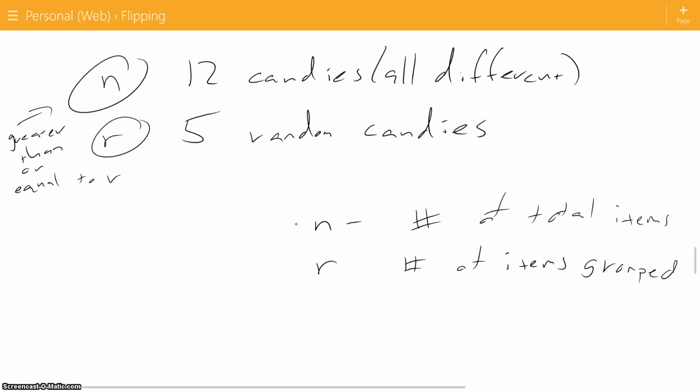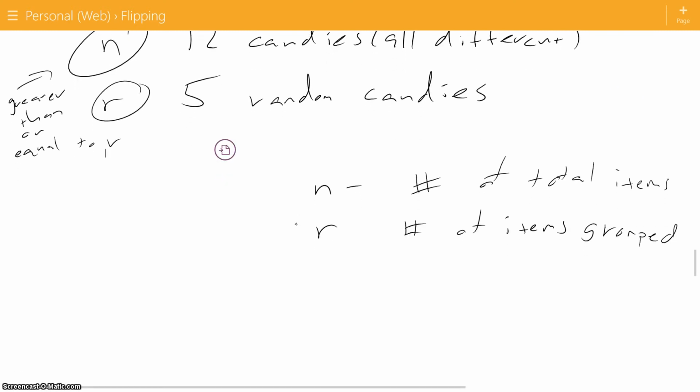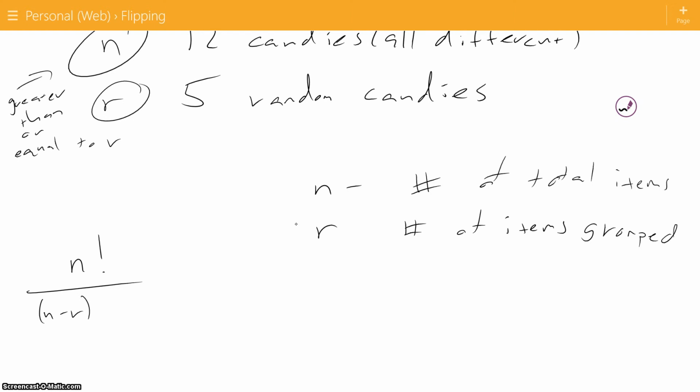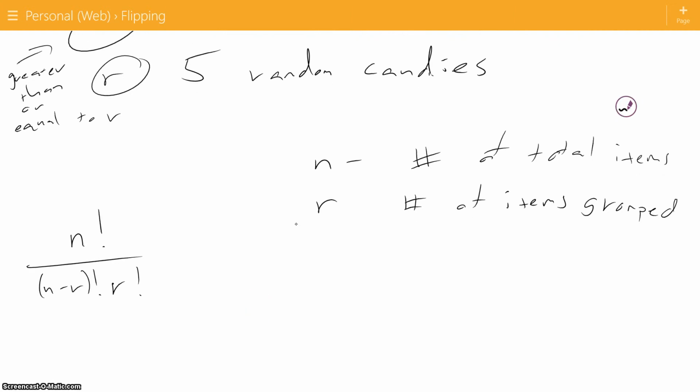So putting these into the formula, we're going to have our formula look like this. N factorial over the quantity n minus r factorial times r factorial. Be very careful when you're putting these into your calculator.